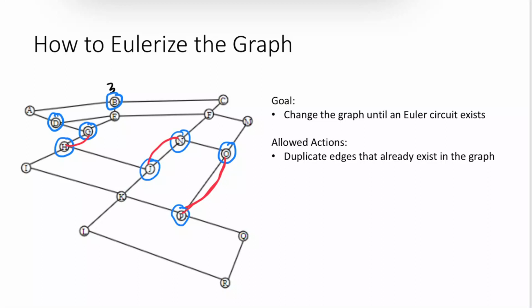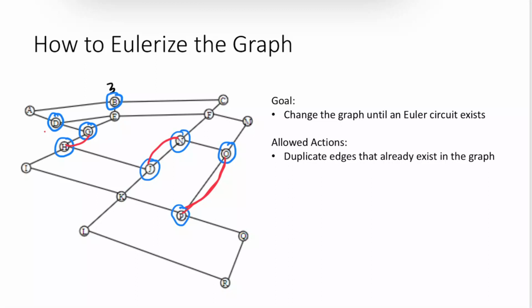However, D and B are not adjacent to each other. There's not an edge that connects them. And so I can't just create a new edge, because the only allowed action to Eulerize a graph is to duplicate edges that already exist. So the way I'm going to fix the problem that D and B are odd is to create a path between them.